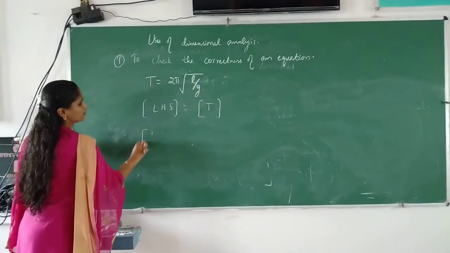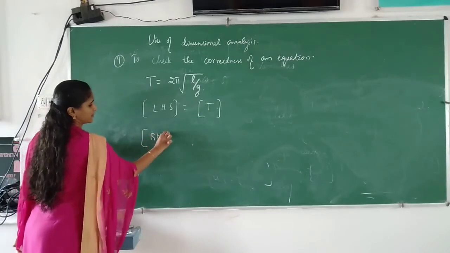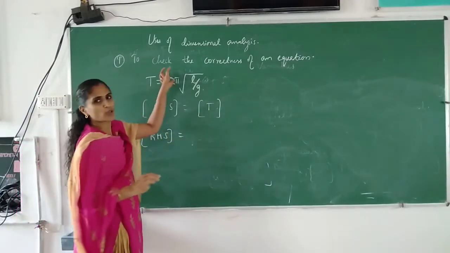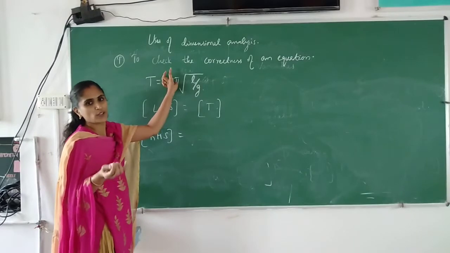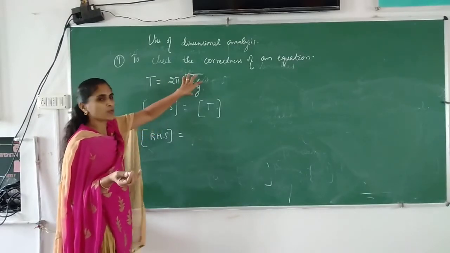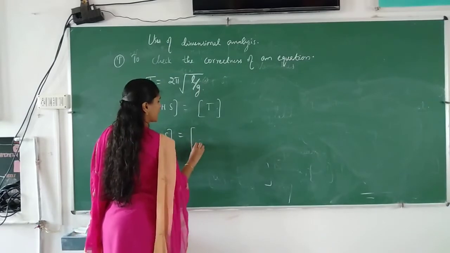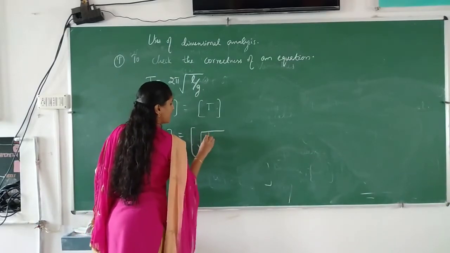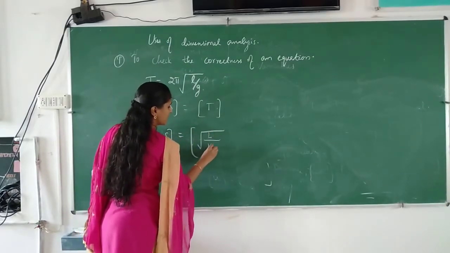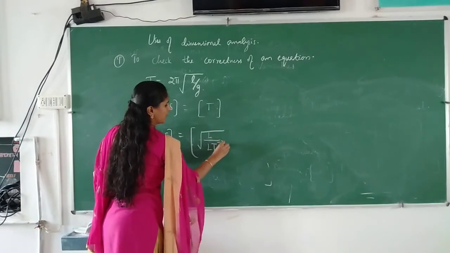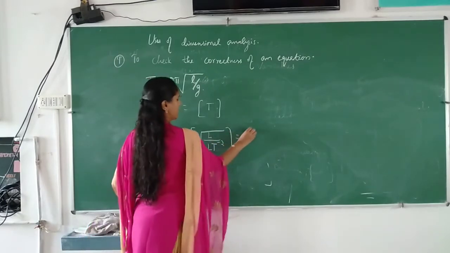Now we will go to the RHS. Here no need to worry about 2 pi, it is a constant value. We only have to consider dimensional quantities. So you can write the dimension of root of L divided by g as root of L by LT to the power minus 2.